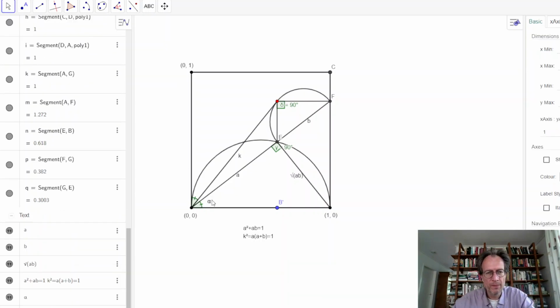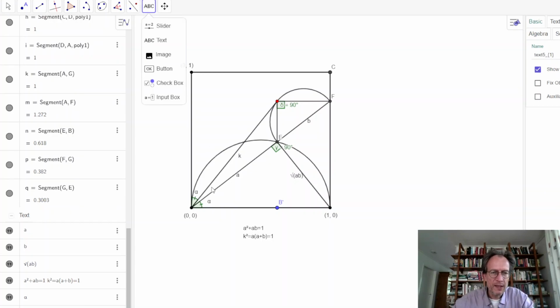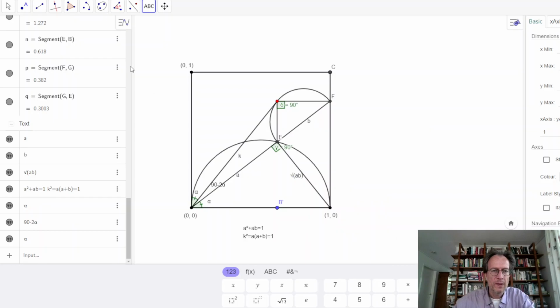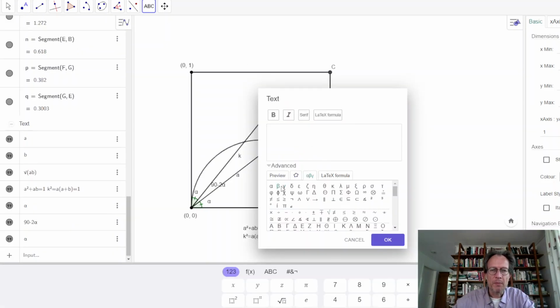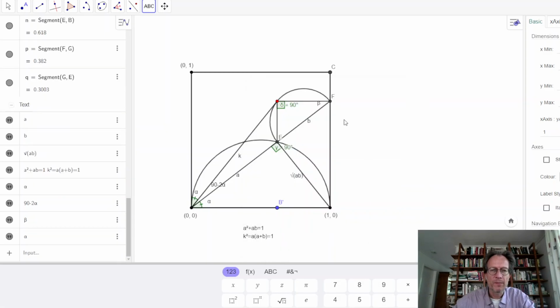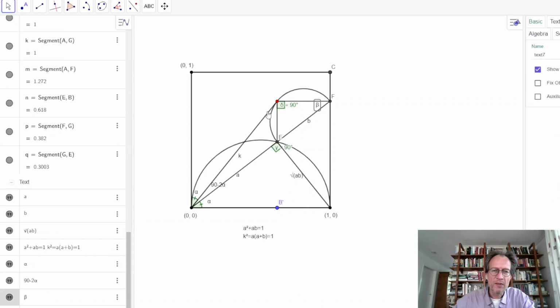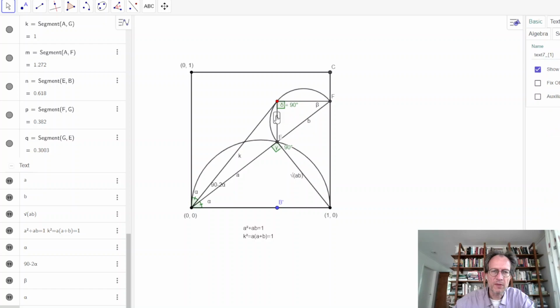That's a given. So the remainder here, this small angle, is 90 minus 2 alpha. On the other hand, if I look at this angle, let's name it beta, then I can use the alternate segment theorem to show that this angle over here between the tangent line and that line is also beta.